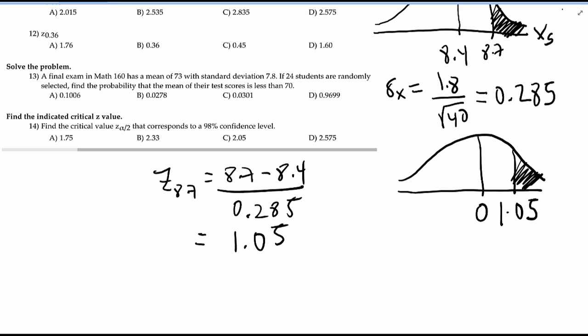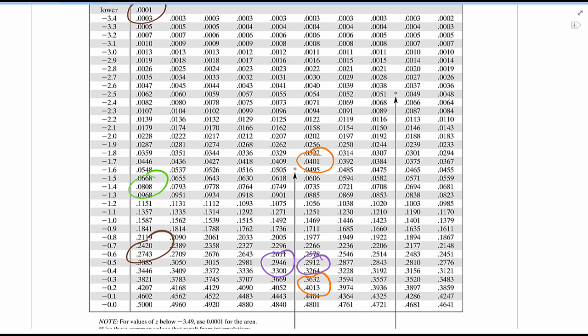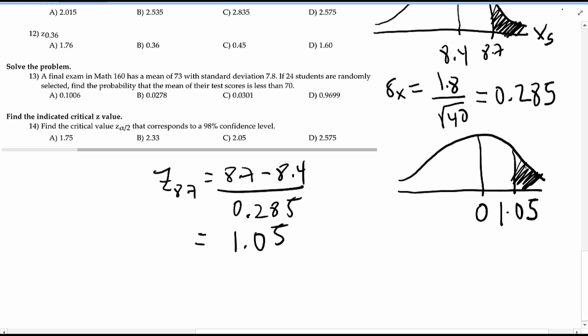If we read the negative table, negative 1.05, negative 1.0, then 0, 1, 2, 3, 4, 5, we get 0.1469. This area right here is 0.1469.